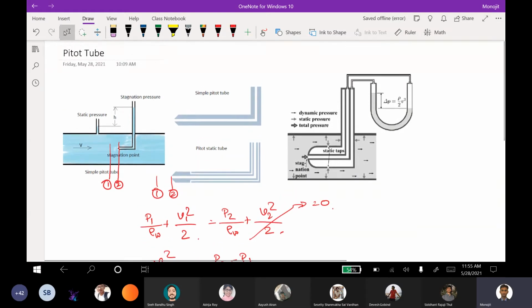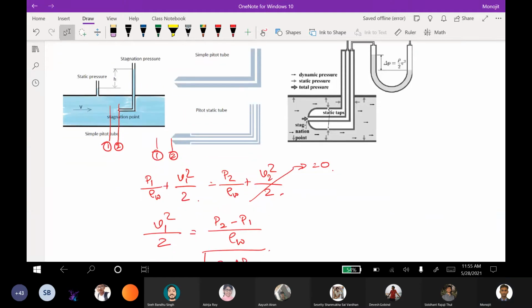I am assuming something. What am I assuming? I have already assumed it; that's why I have used this. Only see, based on the location of this 1 and 2, I am assuming something.